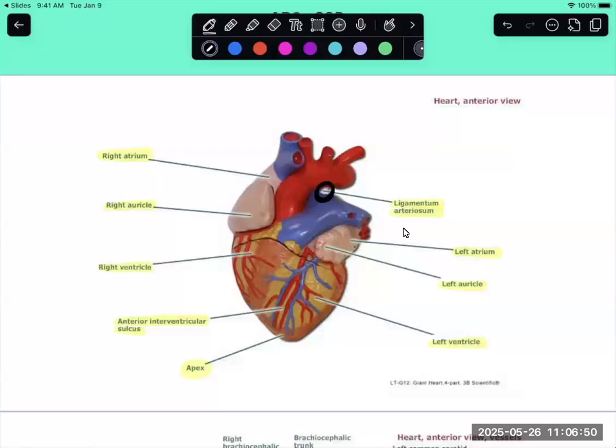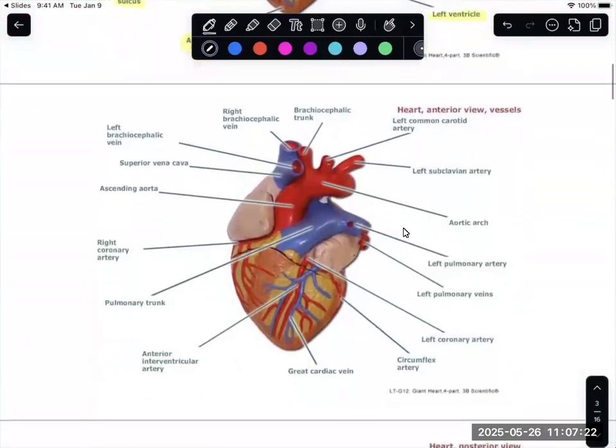Mixing of that oxygenated and low oxygenated blood does not need to occur in fetal life like it does once you're outside of the womb. So this used to be a little blood vessel here in this ligamentum arteriosum. After birth, it turns into this little ligament that helps hold this aorta and this pulmonary trunk together, keeping things in place where they're supposed to go.